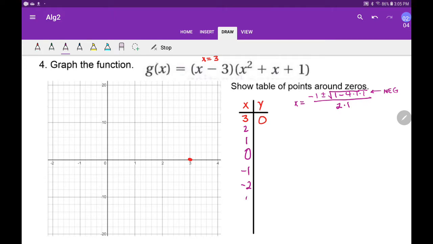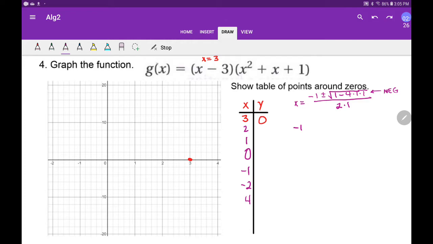In fact, I might try 4 as well. And that means I fire up my calculator here and I say, well, maybe I can just talk it out. If I say 2 in here, that's going to give me negative 1. So whatever I get inside here is going to be negative.